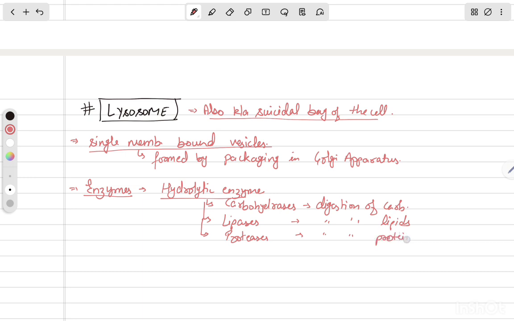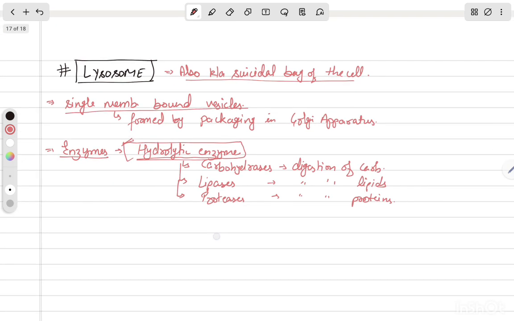So these are the category of hydrolytic enzymes which are present in lysosomes, right?